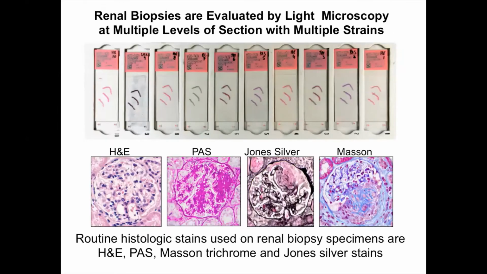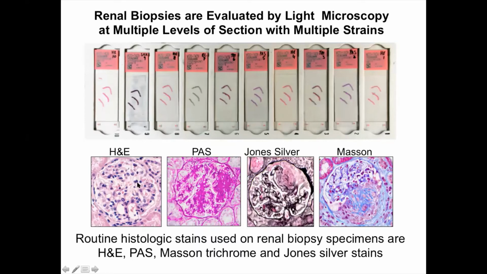As you guys know, بيكون عندنا تقريباً 10 levels of 3 microns. And we have essential stains. عندنا H&E والPAS والجون سيلفر stain والميسن trichrome.